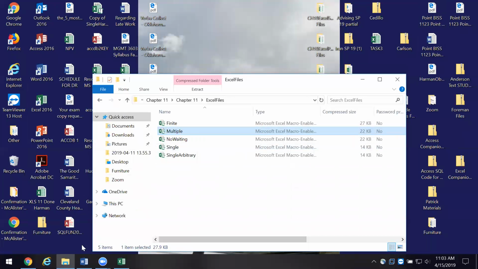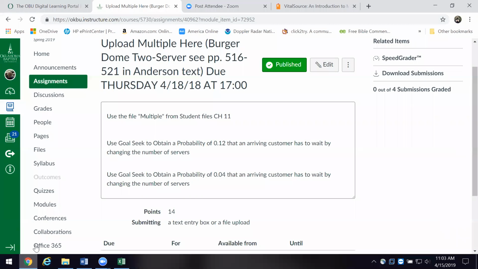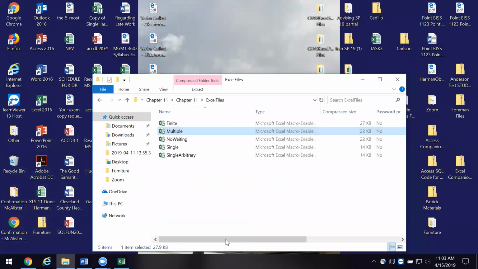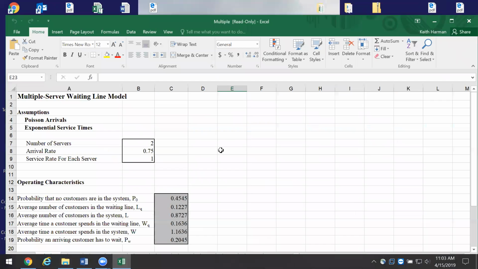Now, I'm going to go back. I'm going to diminish this down for just a second, and get the prompt that I'm going to ask you to do. I'll open it back up, and we can just insert a text file or text box. It doesn't matter which one we want to do.